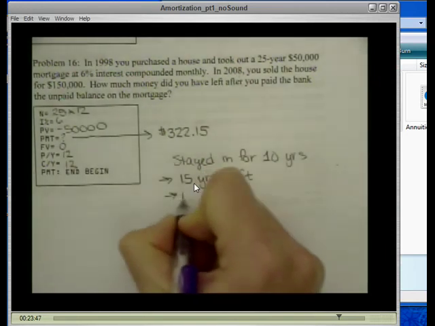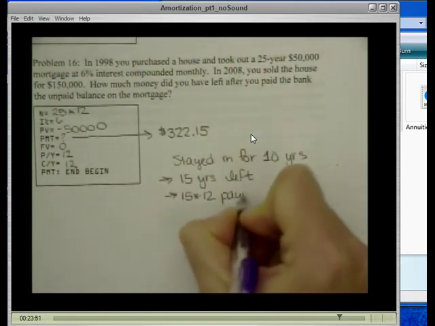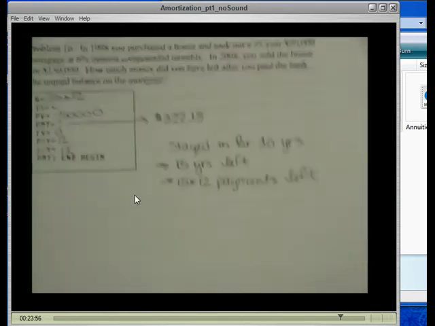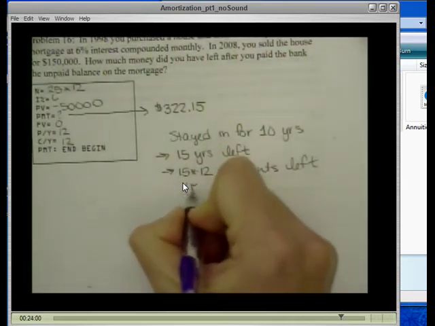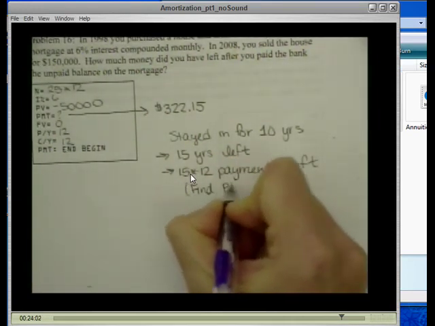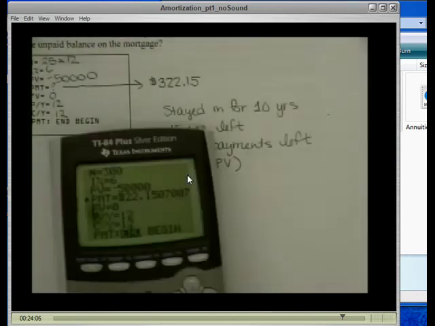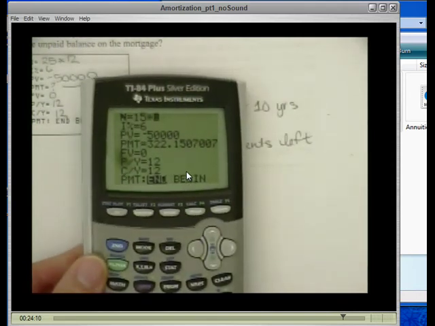And if we had 15 years left, that means we had 15 times 12 payments left. So what we want to do is figure out the present value of those 15 times 12 payments. So I think that's 180. So N is 15 times 12.